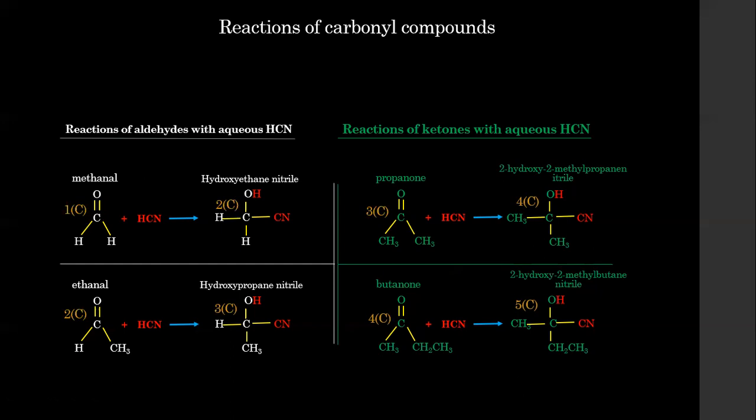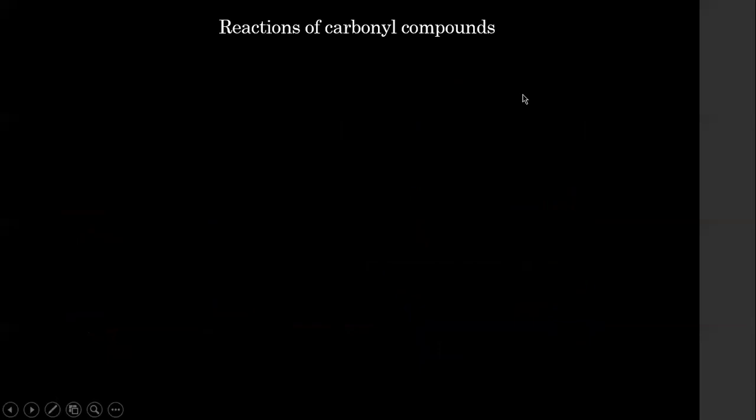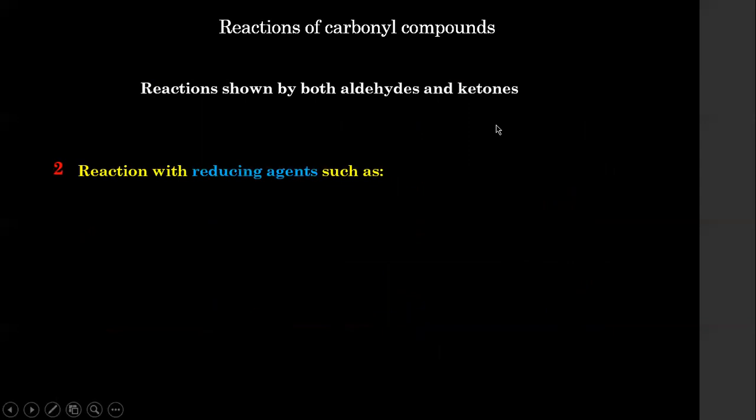This is a very, very good reaction to increase the carbon number of a molecule by just one atom. So these are one type of reaction shown by both aldehydes and ketones.